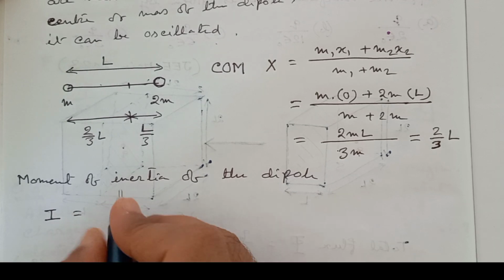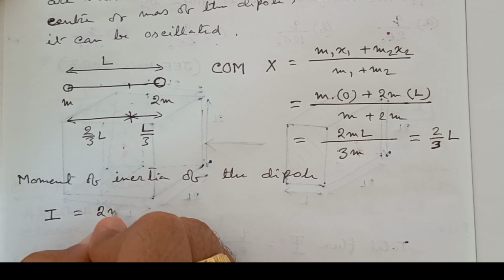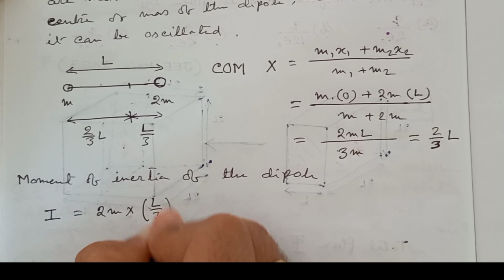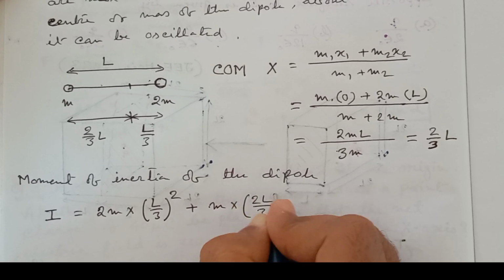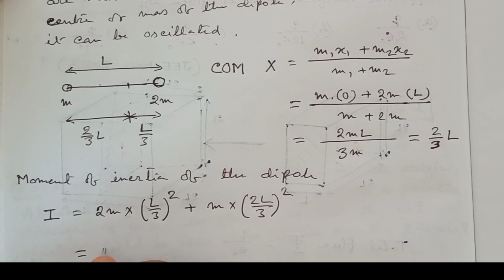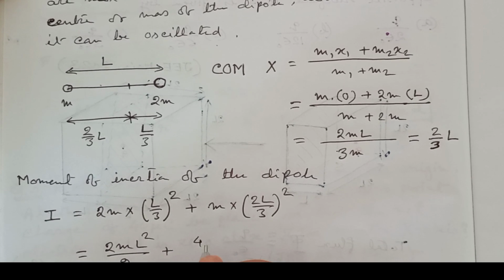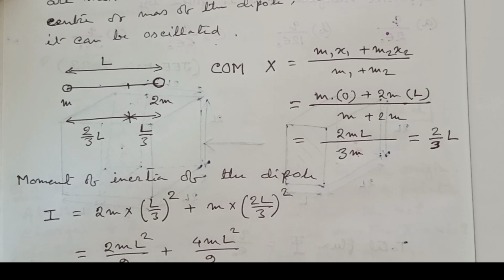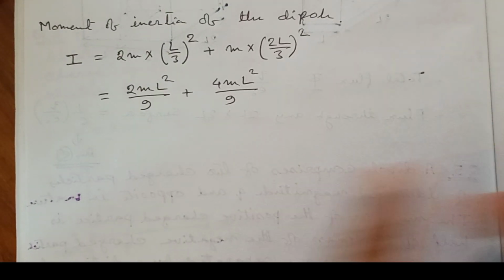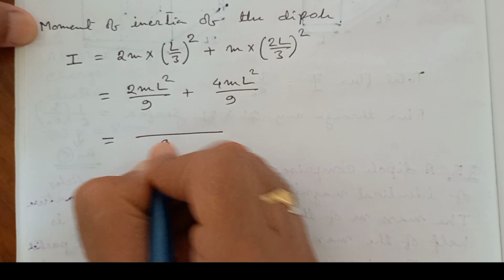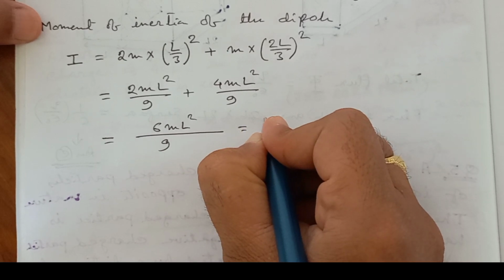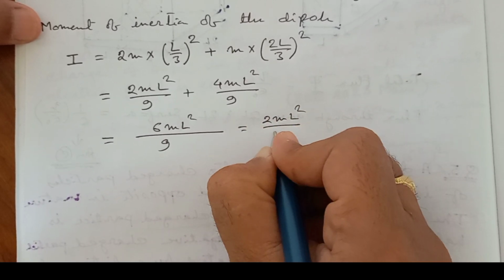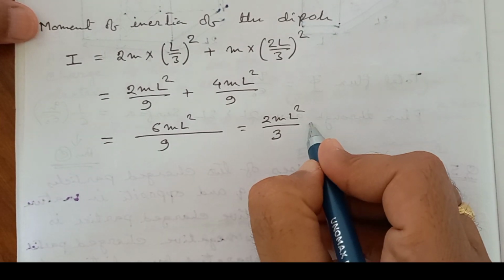I is equal to 2m into L by 3 whole square plus m into 2L by 3 whole square, is equal to 2mL square by 9 plus 4mL square by 9, is equal to 6mL square by 9, is equal to 2mL square by 3. This is the moment of inertia of the dipole.